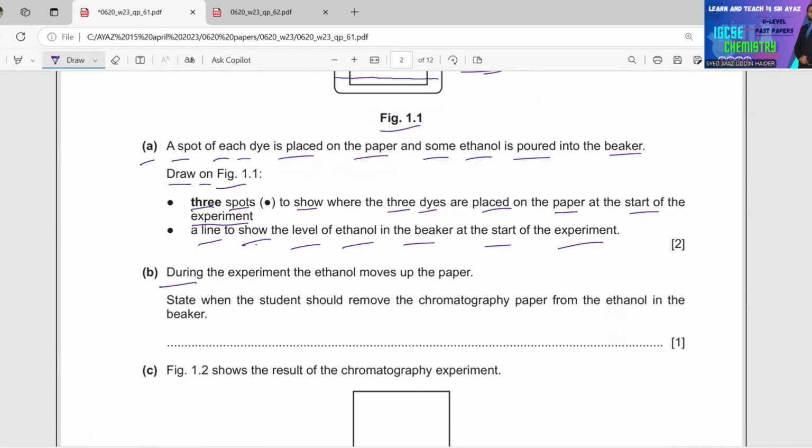Part B. During the experiment, the ethanol moves up the paper. State when the student should remove the chromatography paper from the ethanol in the beaker. When the ethanol is almost at the top of the paper.